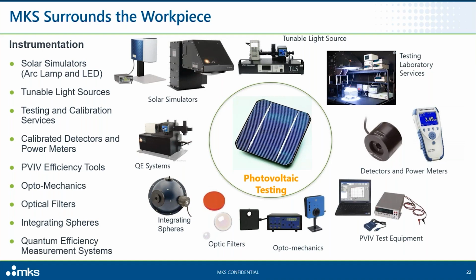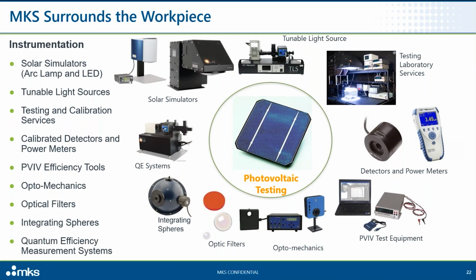So we have ways of generating light, as we've seen earlier in the presentation, whether it be a broad spectrum solar-similar light, or a tunable light source, getting monochromatic light tuned to your sample, so you can shine that and move that to your sample. We have ways of detecting and measuring all the sources of light, whether reflected or diffuse, through different methods of calibrated detectors and power meters.